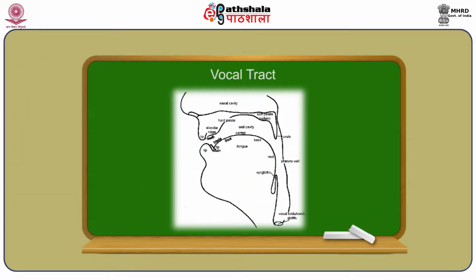There is another very interesting image in the context of language acquisition. I think it's very important for you to understand the image of the vocal tract. This is the next image on the slide in front of you. Let's begin from the bottom of the vocal tract.